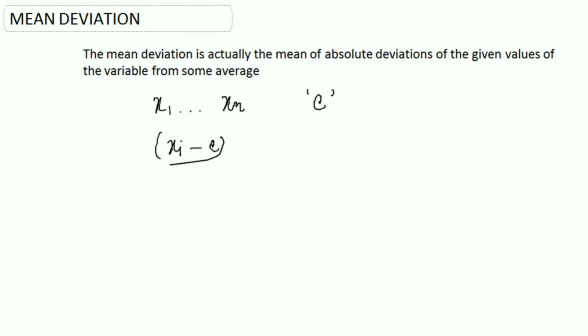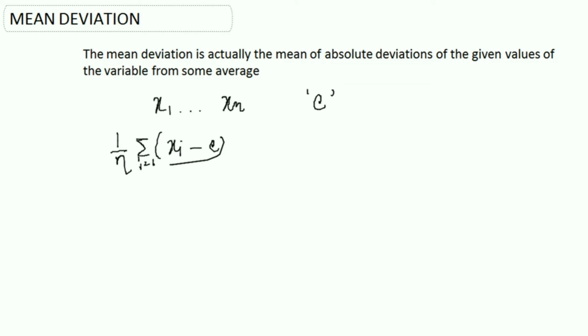Now, to get a suitable measure, it is necessary to combine all these deviations. So we should take the arithmetic mean of these deviations, that is, divide by n and sum all the deviations for i from 1 to n.